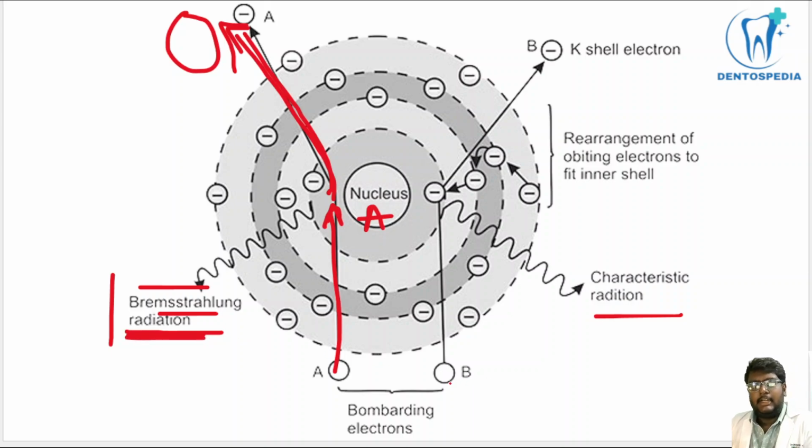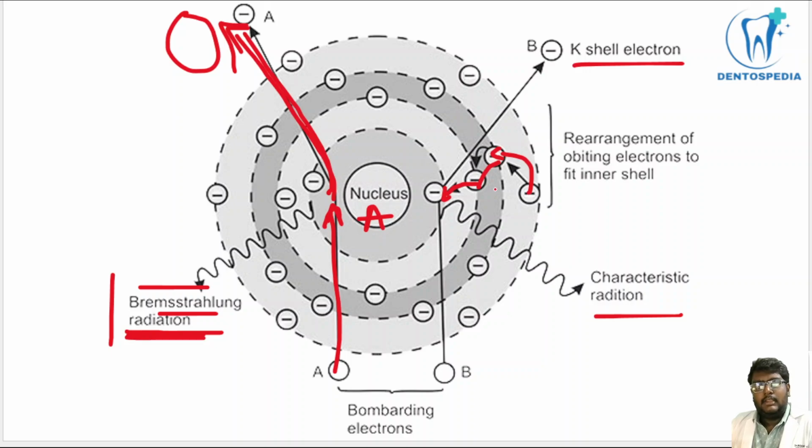And consider another electron B. It directly hits an electron in the target atom, okay, and kicks this electron out of its shell, and because there will be a vacancy here, an outer orbit electron tries to jump in from the outer orbit to the inner orbit, okay, and this goes on.